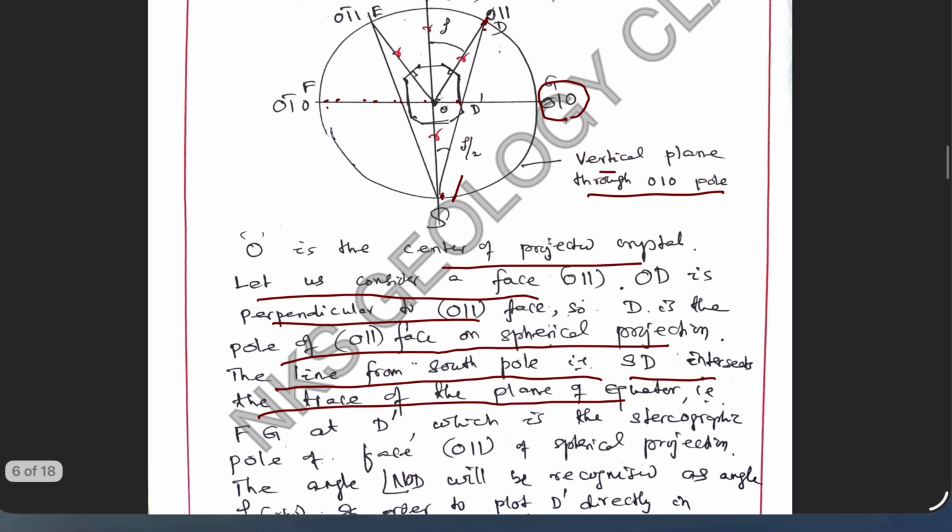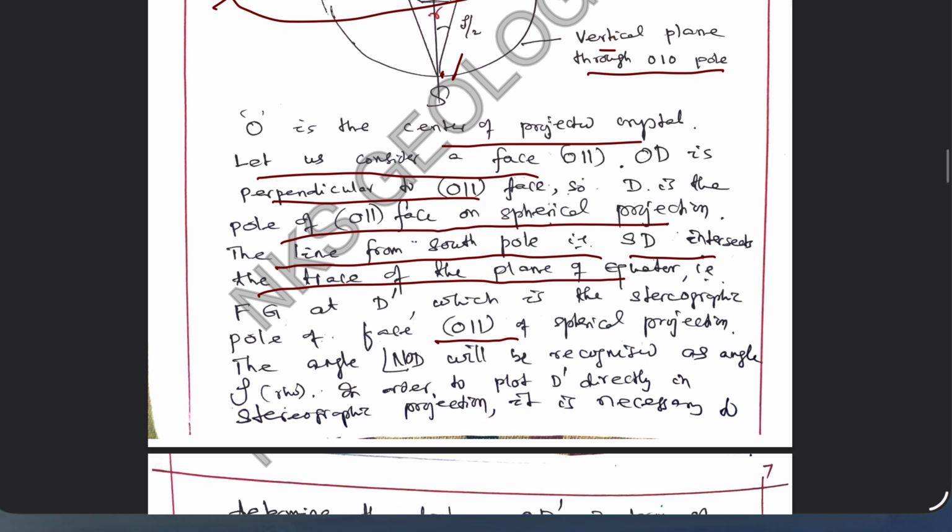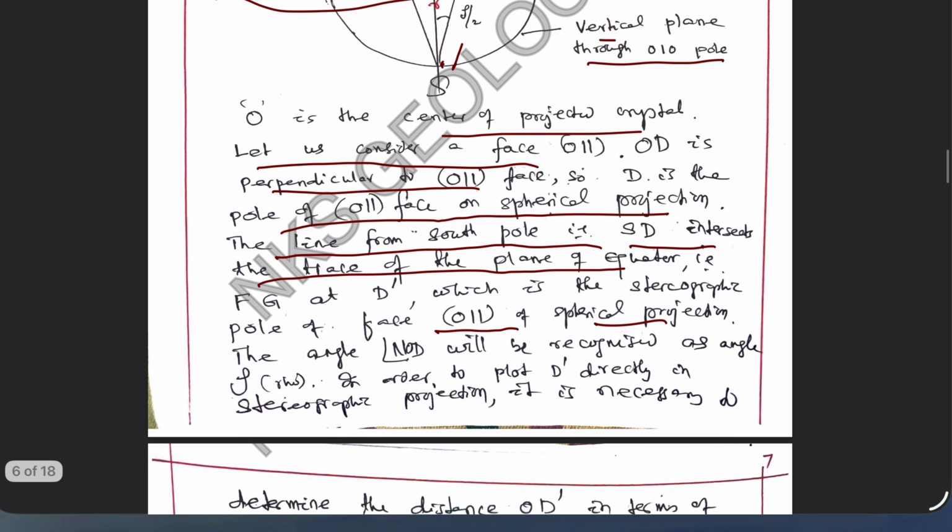D dash is located on the FG line, which is the trace of the equatorial plane. So D dash, where it joins the FG trace of the equatorial plane, is the stereographic pole of the 0, 1, 1 face of this spherical projection.